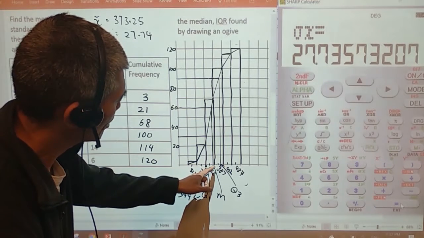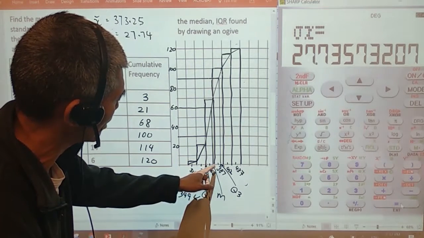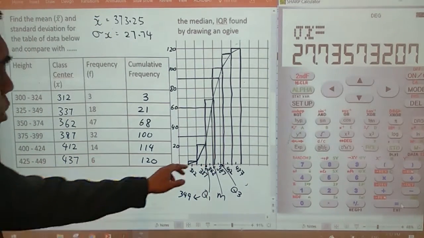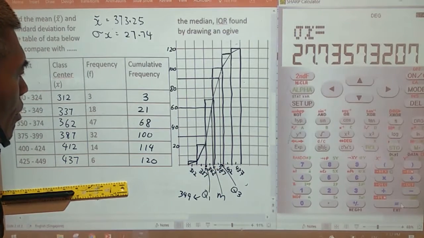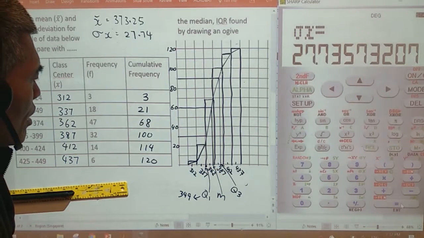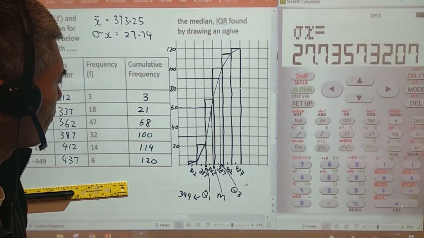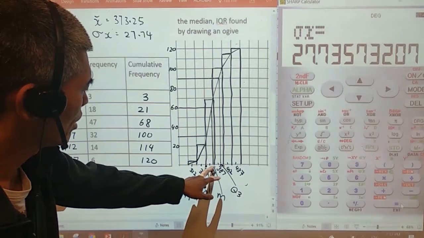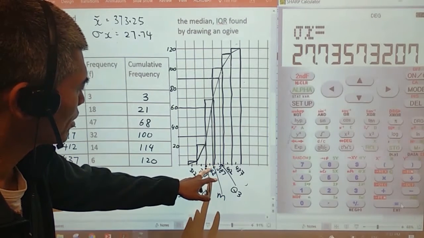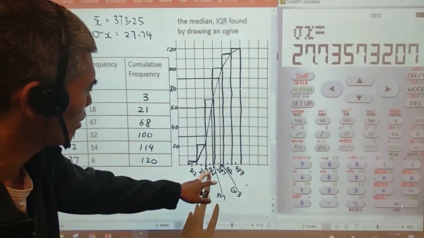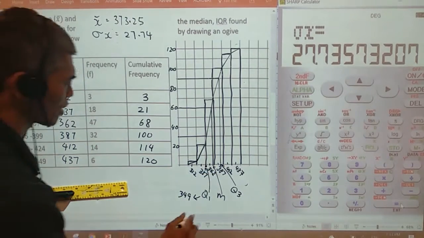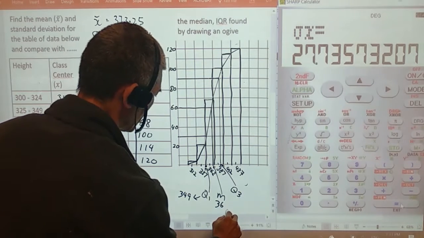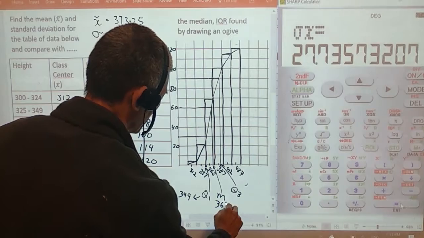The median is just slightly less than halfway between 362 and 387. So what we'll do is we'll take maybe 6 instead of 12. So we'll add 6 to 362. That will give us 368. That will be our median.